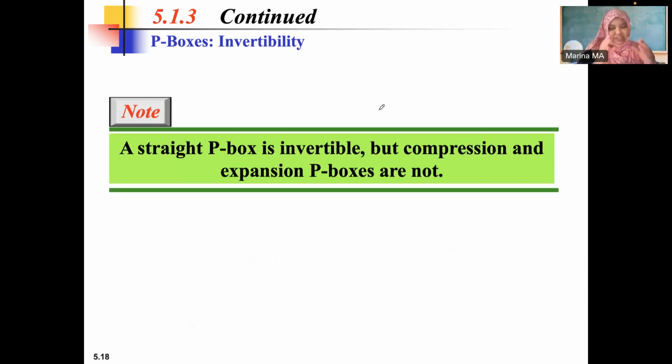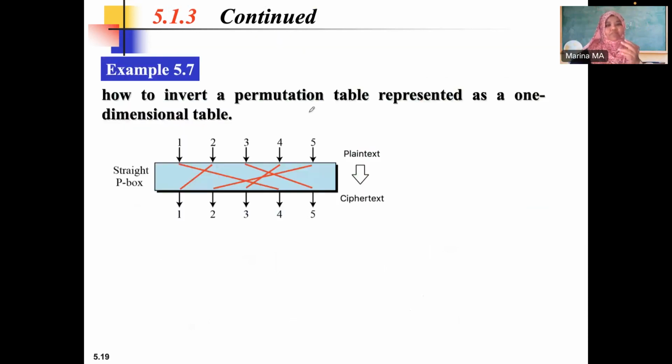If you are given an encryption key, you can invert that key to get a decryption key. So it's invertible. However, for compression and expansion, you cannot get the decryption key. You cannot invert it. Okay, let's see. Here. Hold on. Did I miss a slide?